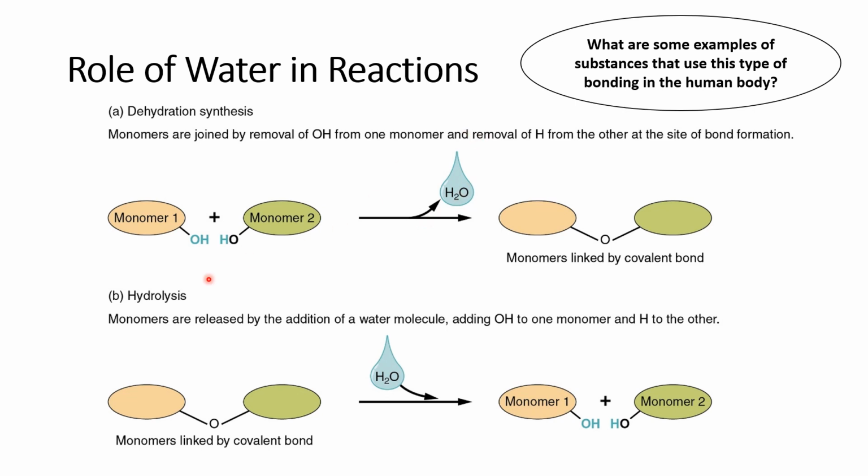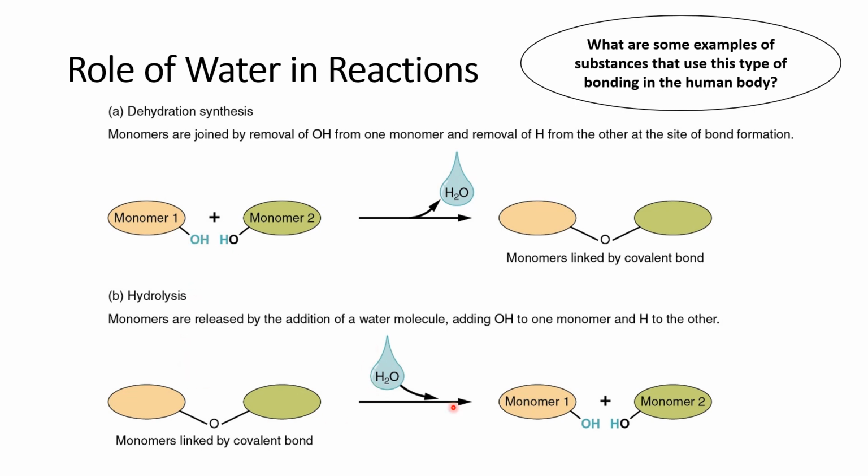But what happens if we add water to a reaction? Well, here's two monomers that are linked by an oxygen, just like we saw in the product in this example. Well, adding water to this oxygen here will actually split the molecule, and we'll have our OH group on one side and an H joining the oxygen, just like we had here.